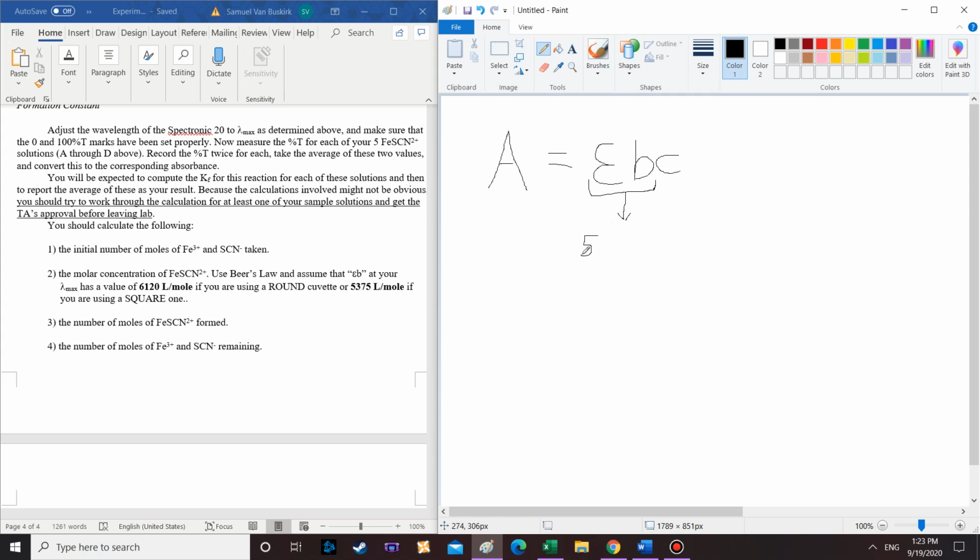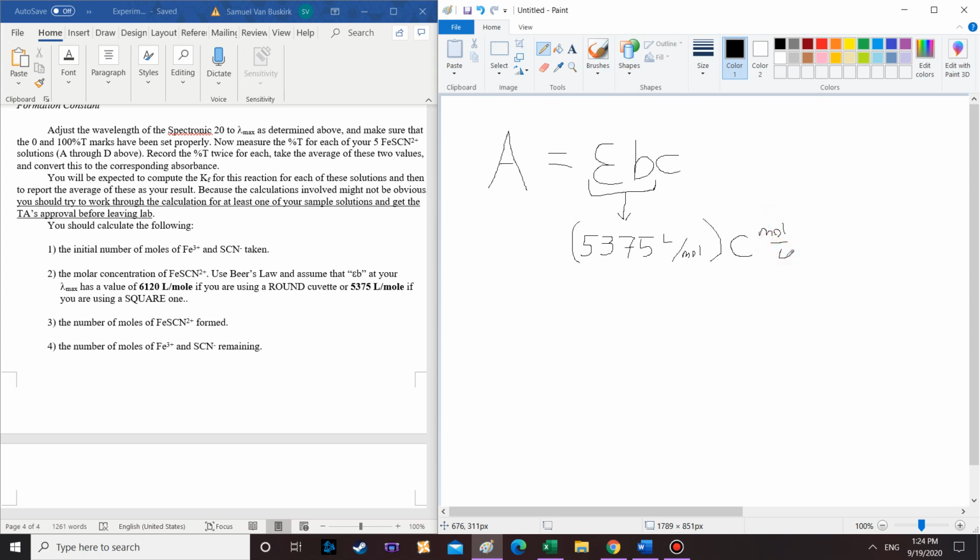So we can write that out: 5,375 liters per mole, in parentheses, times C. And remember, C is concentration, which is molarity, or moles per liter.